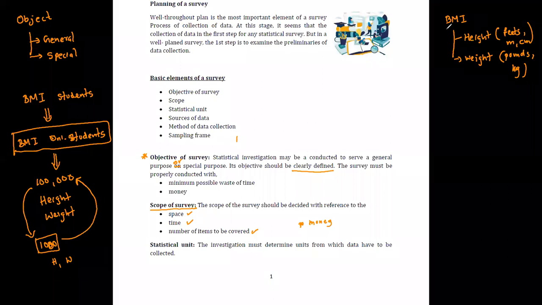In such situations, you have to define the statistical unit, or the measuring unit, that you need to take for the survey you are conducting. Otherwise, suppose you appoint two investigators, and one takes measurements in meters and the other in feet and inches.